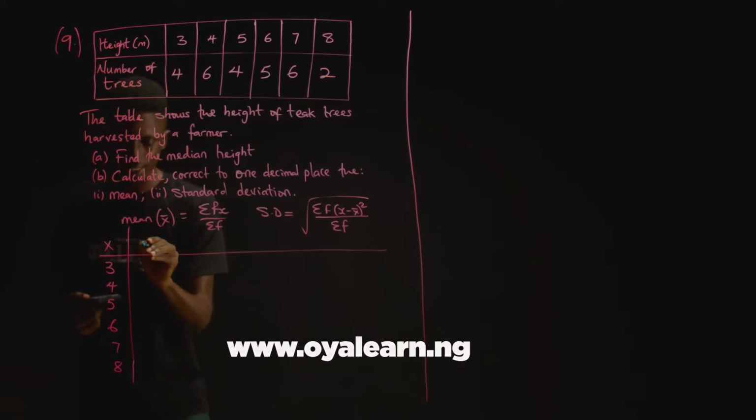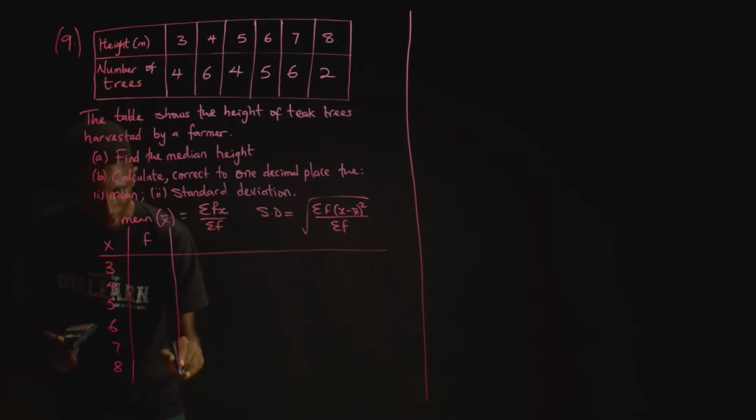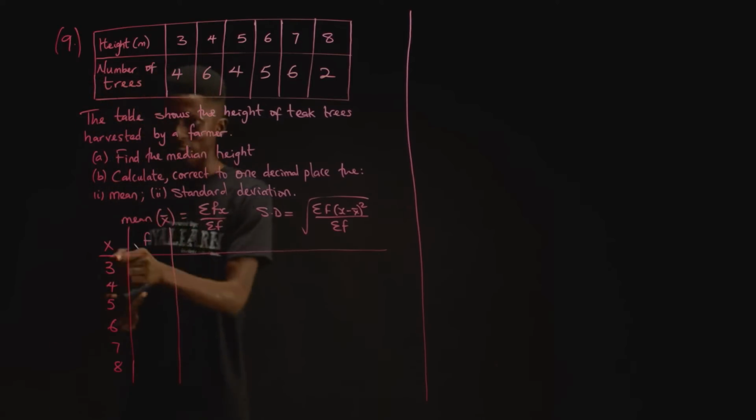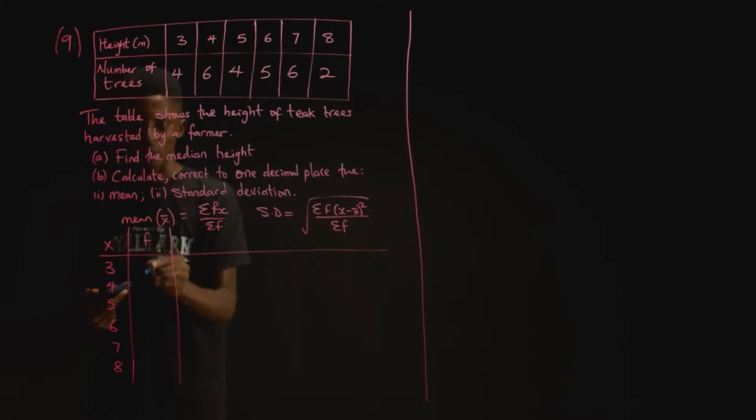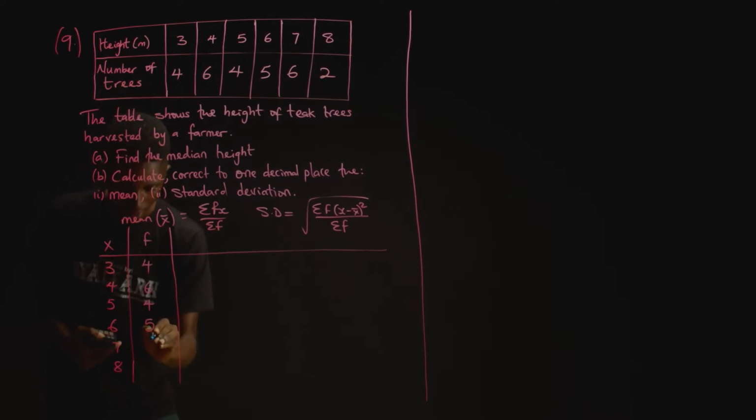Now, the frequency, f. That is the number of trees with this height in meters. So we are having it as 4, 6, 4, 5, 6, and 2.